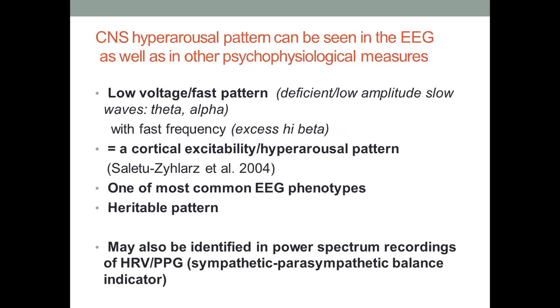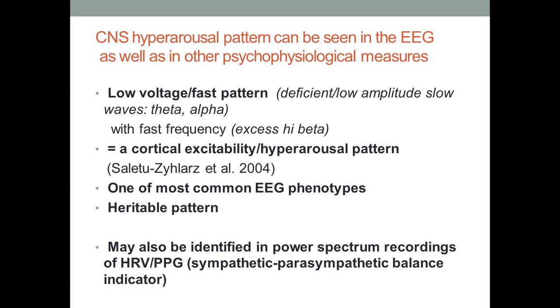The hyperarousal patterns can be seen in EEG as well as other psychophysiological measures. What we talked about a little bit ago, the low voltage fast pattern, the deficient low amplitude slow waves, beta and alpha. And we will see this with the excessive high beta, the fast frequency activity.